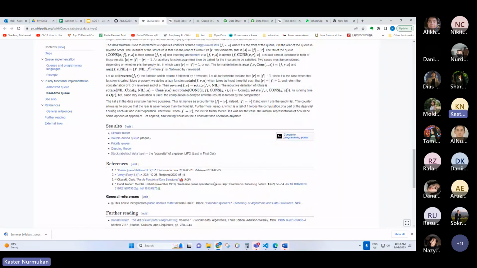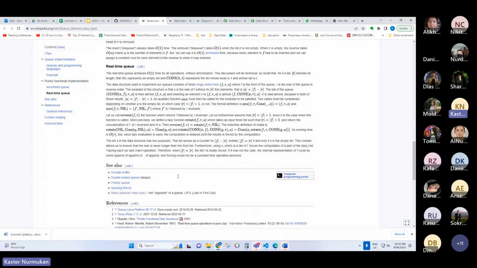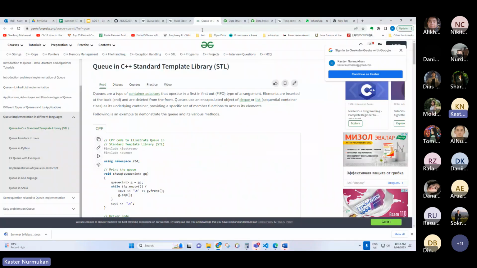So that's the pseudocode. There are two important operations, enqueue and dequeue. By the way, we can use the standard library to create the queue, or we can use a linked list to create it.